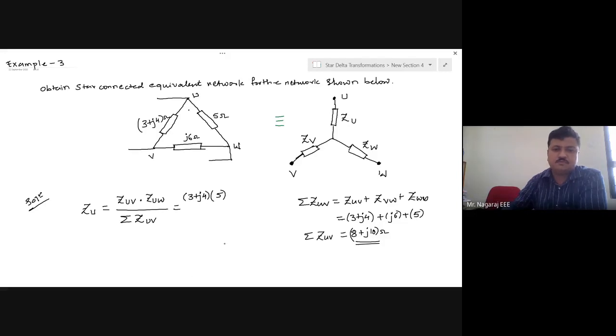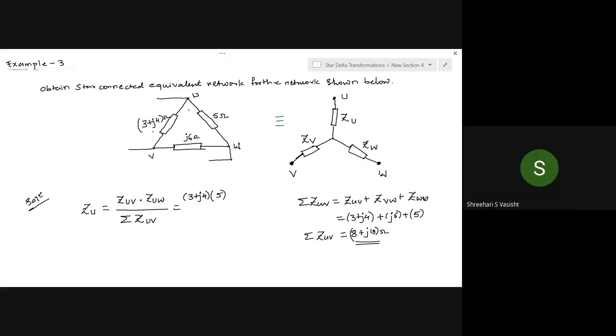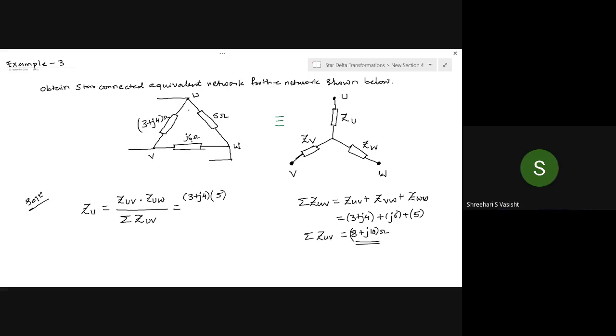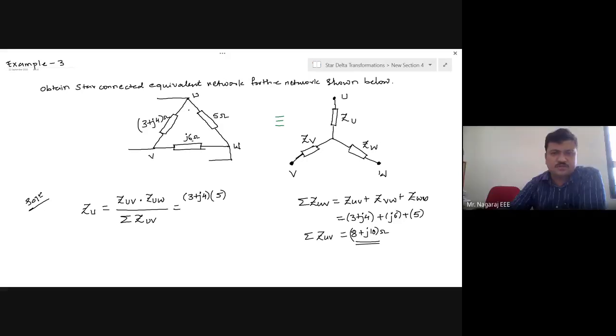Yes, anybody? It is inductive impedance. What about J6? Is it pure inductance or pure capacitance? Pure inductance. Okay.